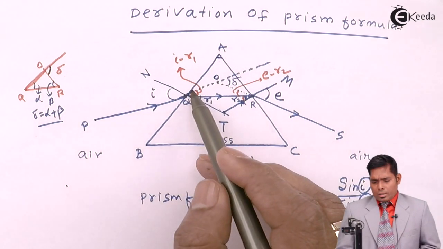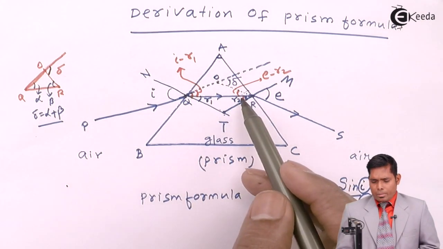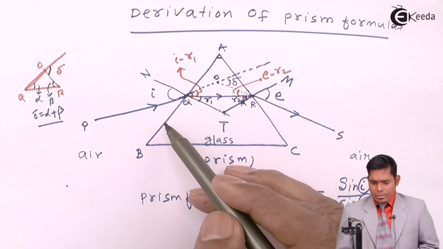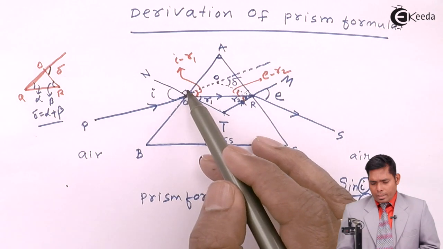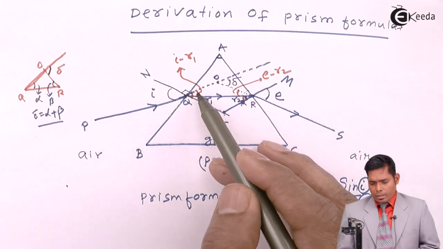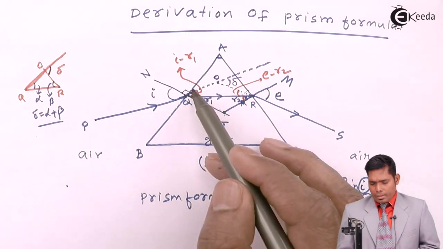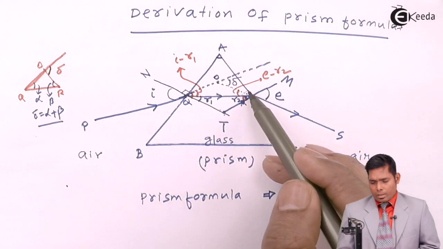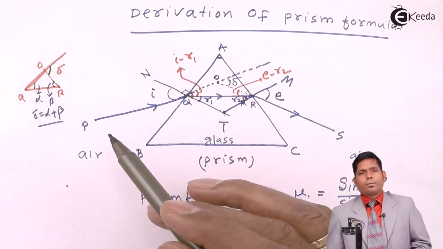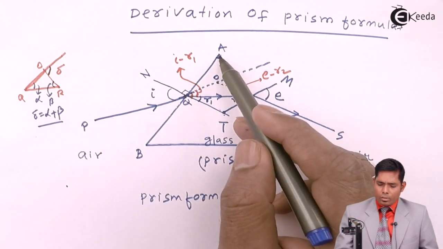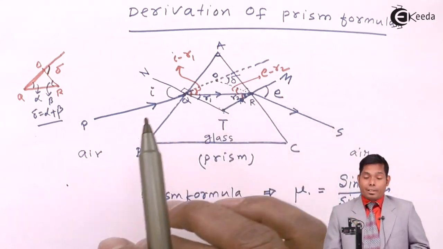Out of which this angle and this angle are 90, because this is the surface and this is the normal. Normal means this angle is 90, so this angle also will be 90. From 90, 90, 180 is gone. So this plus this should be 180.